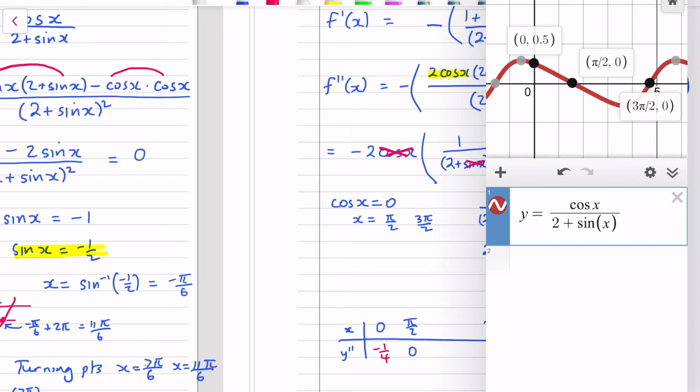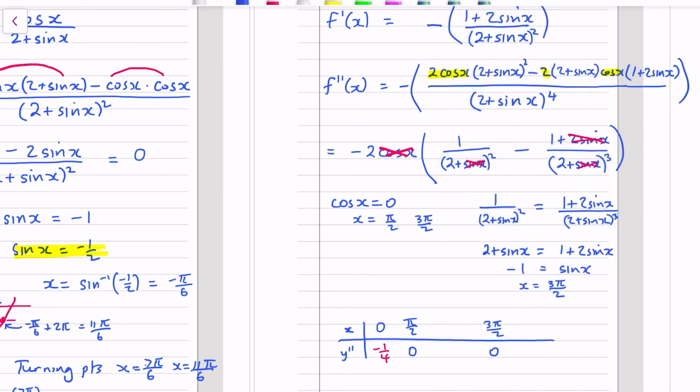And then if you do that for other values of x, so we could choose between pi over 2 and 3 pi over 2, kind of makes sense to choose pi as the other value to test. We don't have to worry about any other values because there are only two positions where the second derivative is 0. So if we substitute pi into this, sine of pi is 0, so all those terms that have crossed out are still crossed out, and cosine of pi is -1.